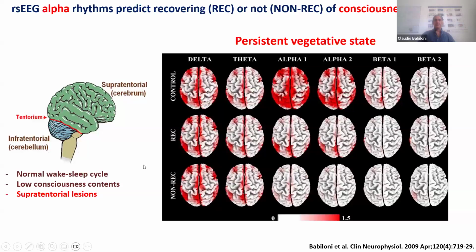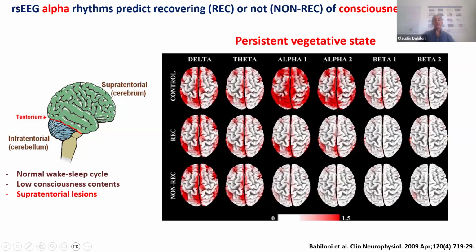And we wanted to test this relation between resting state alpha rhythms and the consciousness level in a group of patients with a specific characteristic. They received a lesion in the brain over the tentorium.